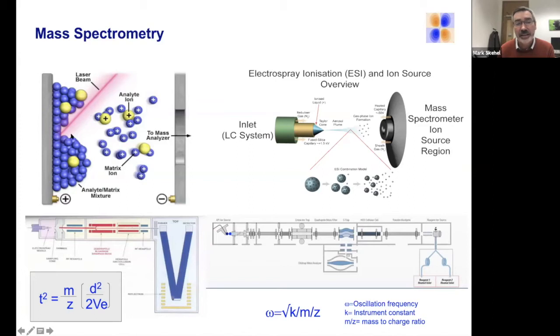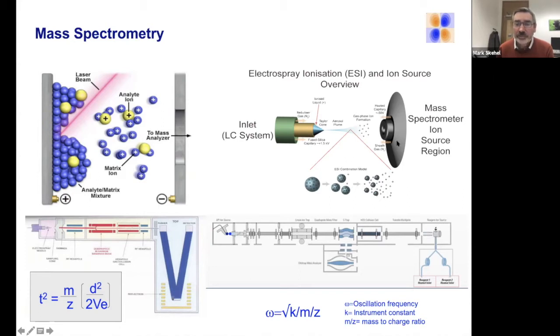The energy of that laser is absorbed by the matrix, and that plumes away, and you ionize your analyte by some kind of proton transfer mechanism, and then those ions are accelerated down a flight tube. But essentially here you're ionizing by shining a UV laser, and it vaporizes the sample off the target.